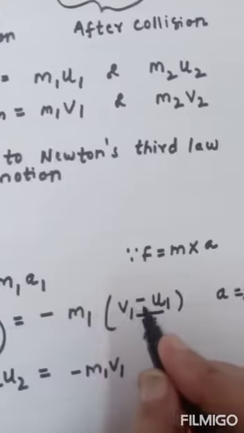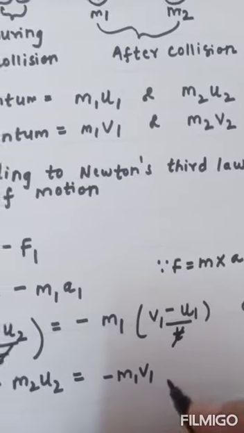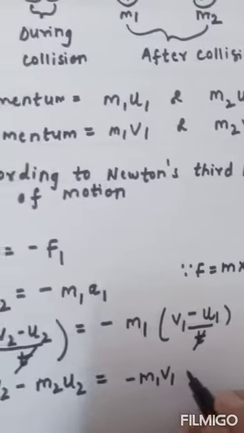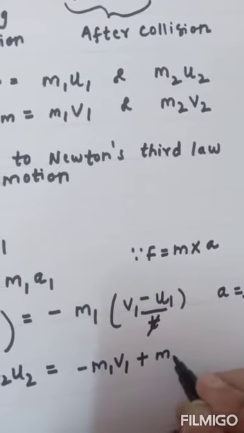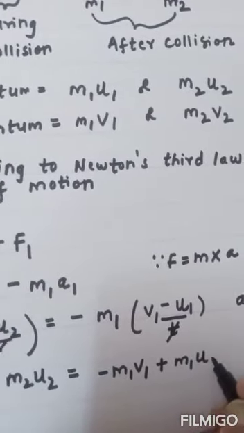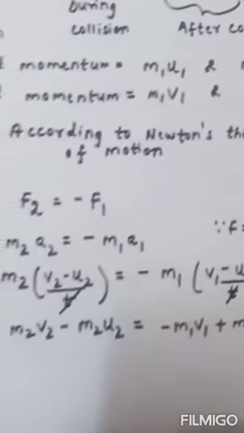Minus into minus will be plus, so it will be plus m1 u1. Now simply arranging the terms, what will we get?